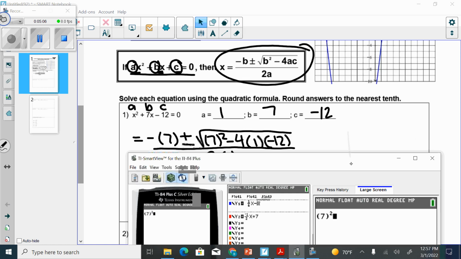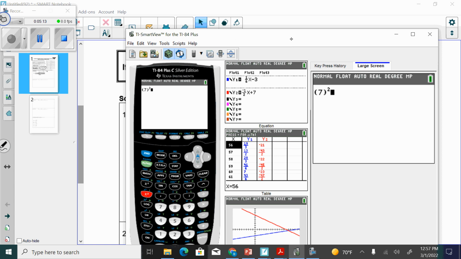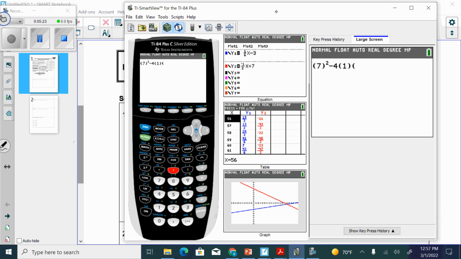Okay, the next thing was minus 4 times 1. So I'll have minus 4 parentheses 1. And then after the 1 in parentheses, we had a, right, so I'll put negative 12. Okay. That much you can put in your calculator and it will simplify for you. Okay? Wait, wasn't that 7?